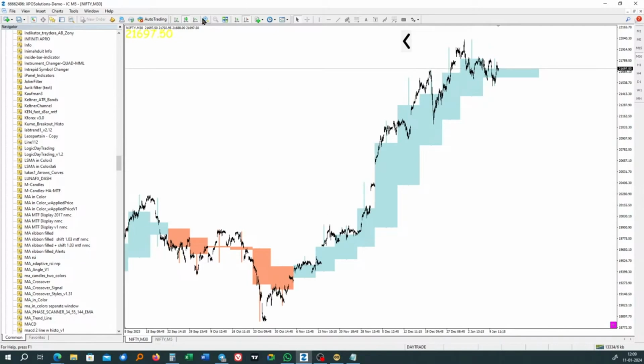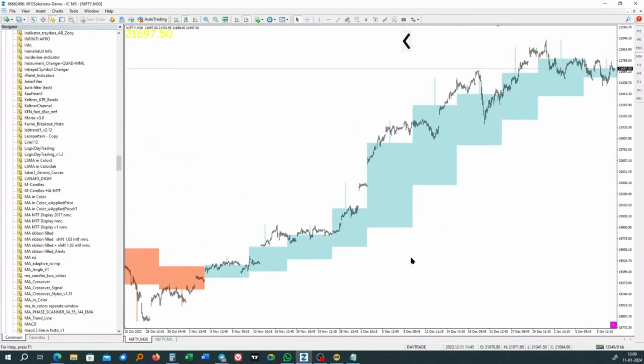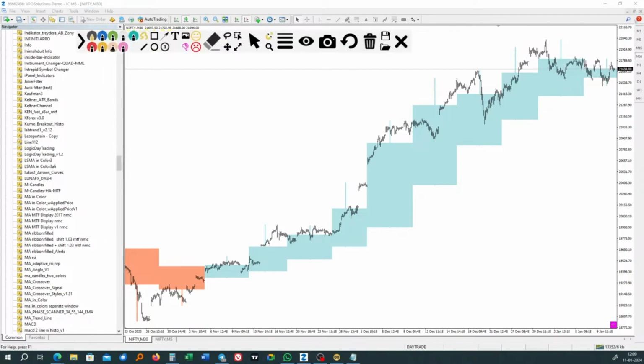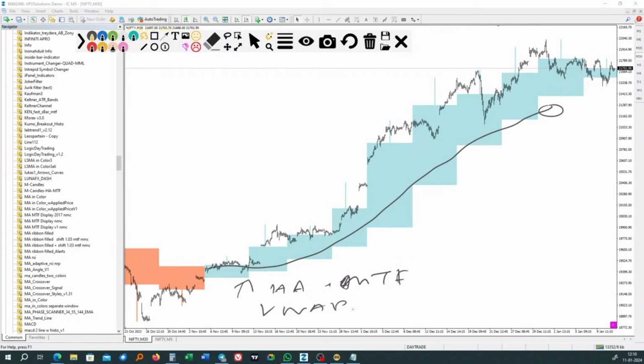When you apply this along with this bar, and when you apply average traded price, which is ATP or VWAP, your market bias using Heikin Ashi is also bullish, and the higher time frame, MTF multi time frame, is also bullish, and then the anchored VWAP bias is also bullish.